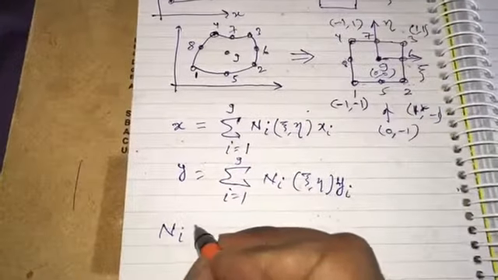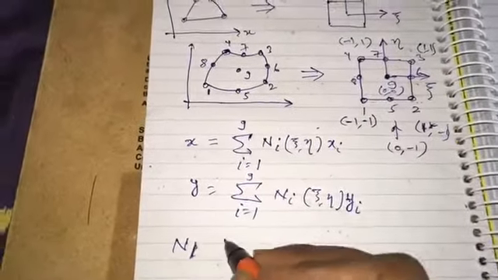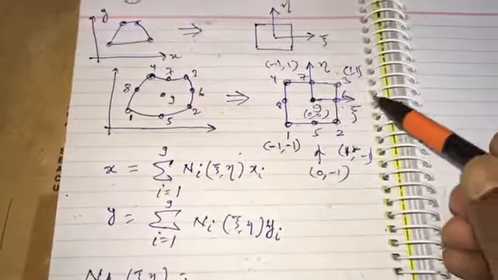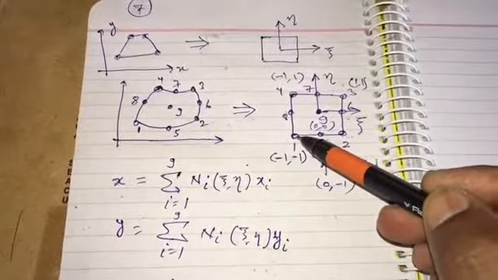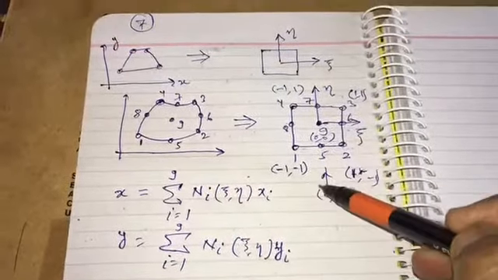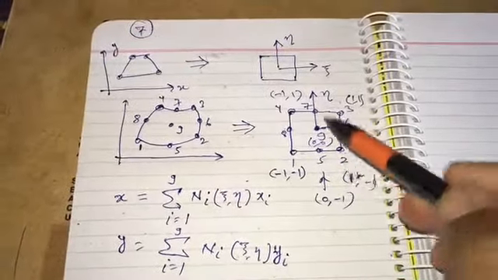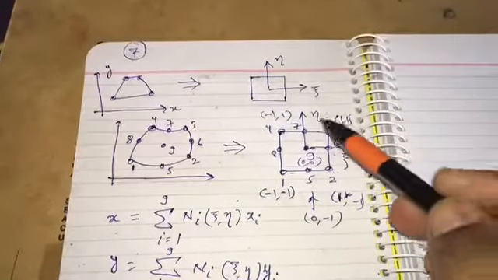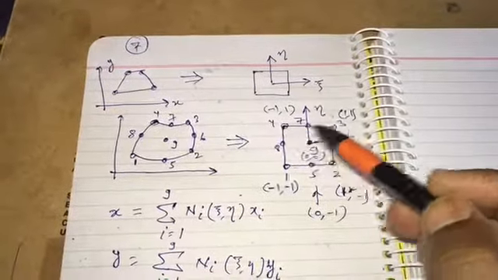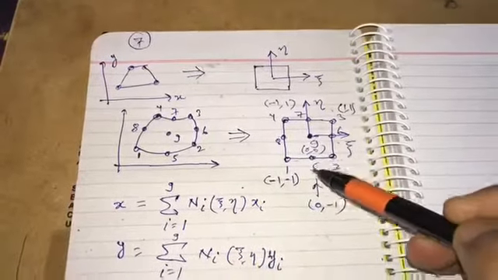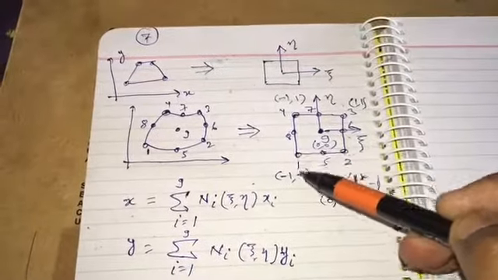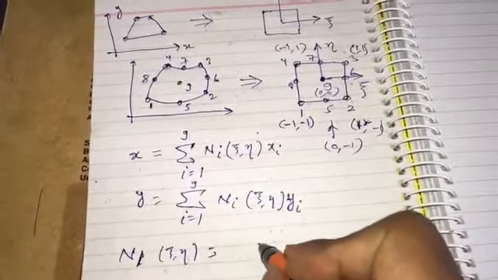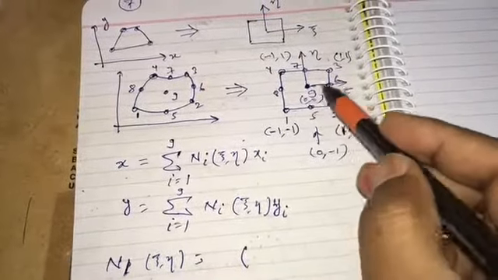So you can guess that N1(xi, eta) will be equal to, so we are talking about this one, we can draw a vertical line here, vertical line here, horizontal line here, horizontal line here. So all nodes are covered by 4 lines, 2 horizontal lines and 2 vertical lines. Accordingly N1 will be given by, let us say this line first.